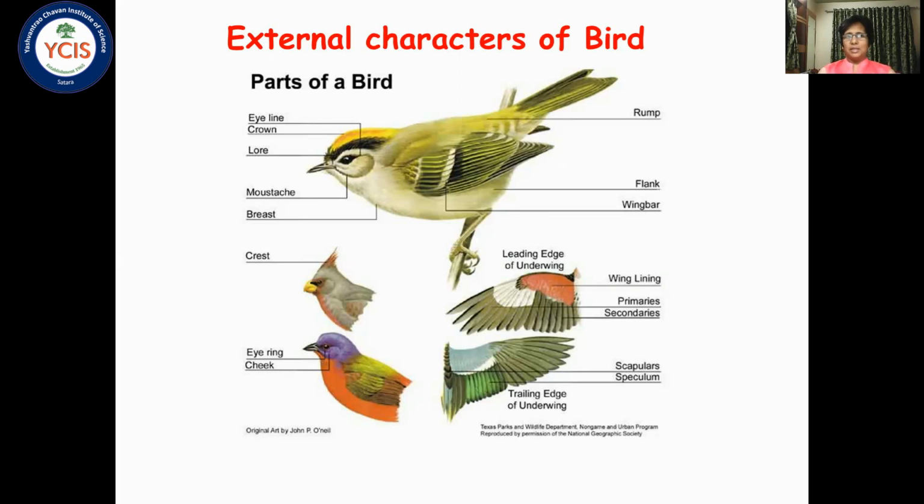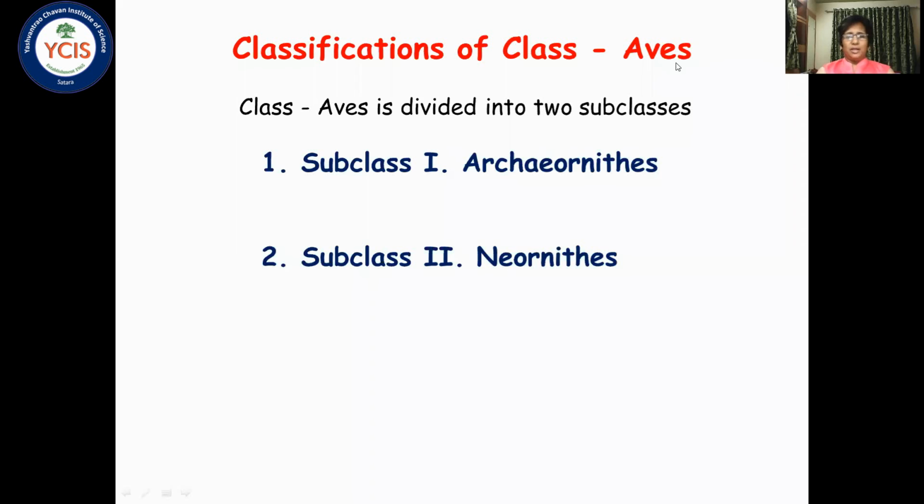The abdomen possesses a cloacal aperture posteriorly, and the uropygium, or tail, is usually short. The uropygeal gland, or oil gland, is generally present on the dorsal surface of the tail. The next important point is the classification of class Aves, and that class is divided into two subclasses.